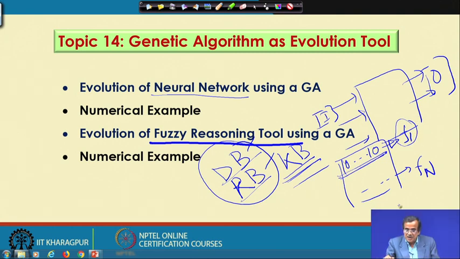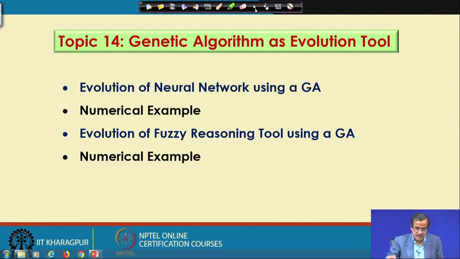So, for the whole population we will be getting the fitness information, then using the GA through a large number of operators, it will be able to find out what should be the optimal fuzzy reasoning tool, so that it can make this prediction as accurately as possible.